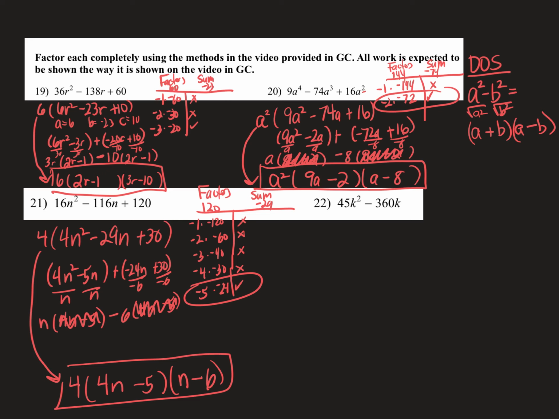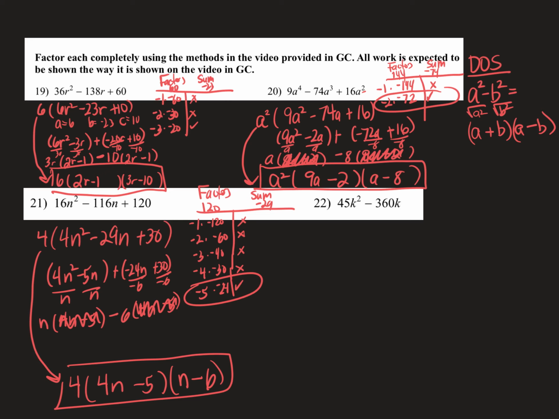Now the next one, I have a common factor. I know 5 goes into both of those. Wonder if 9 goes into 360. I think so. I don't think 360 is divisible by 45, but I could be wrong. Yes, it is.